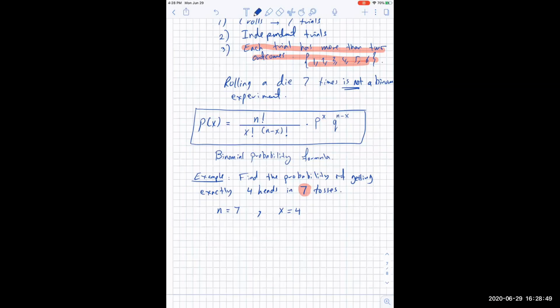And then what else? P, what is the probability if I toss a coin once? What is the probability of a tail or a head? 0.5. Probability of head is 0.5. And Q, which is the probability of a tail, which is 1 minus P, is also 0.5.